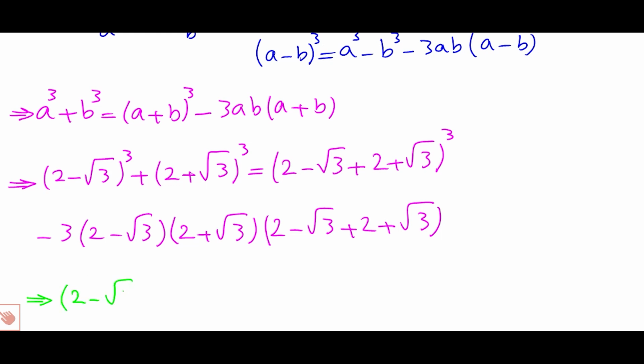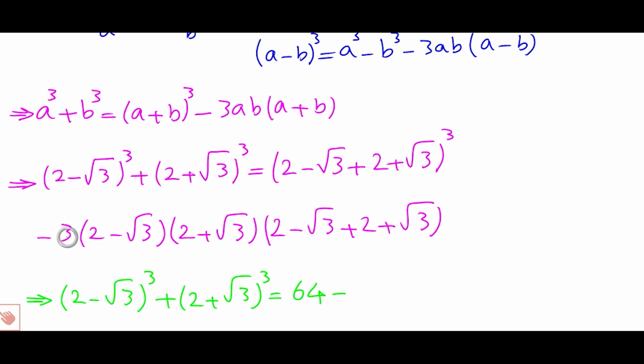Okay, so we have 2 minus root of 3 whole cubed plus 2 plus root of 3 whole cubed is equal to: minus root of 3 plus root of 3 cancels, and 2 plus 2 is 4, cubed is 64. Minus 3 times 2 minus root of 3 times 2 plus root of 3, which is the conjugate identity.